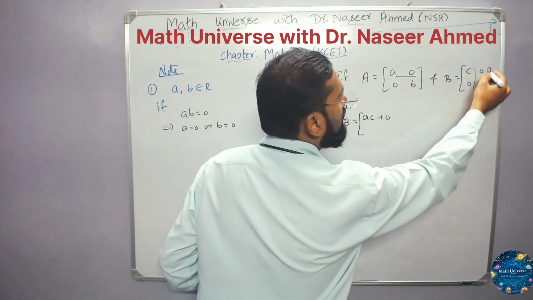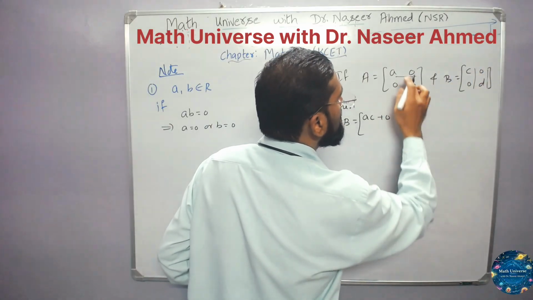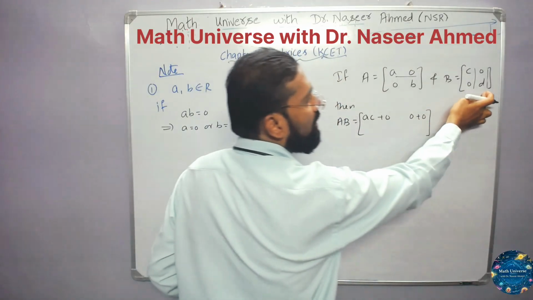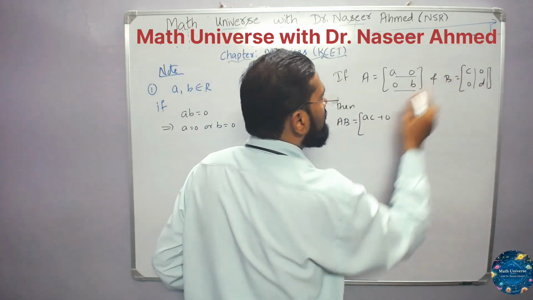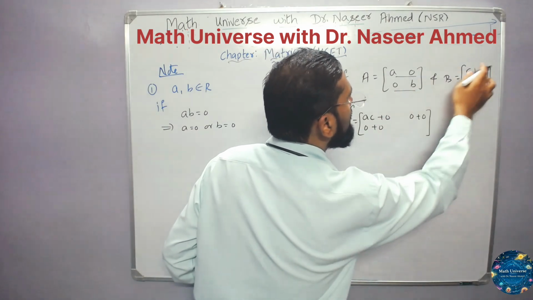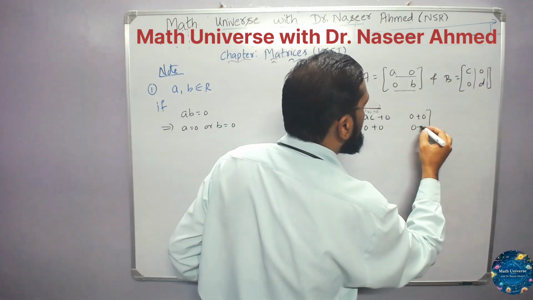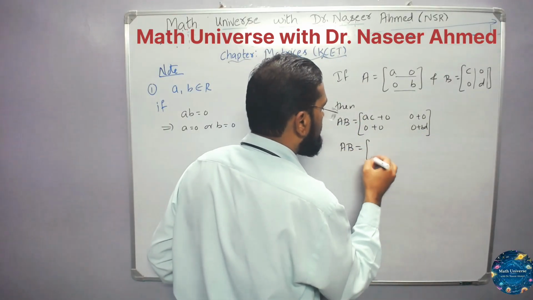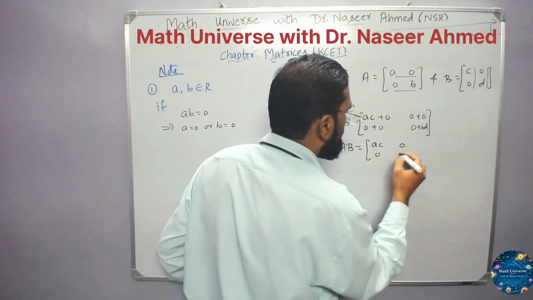Then second column, A into 0 is 0, 0 into D is 0. Next, closing the bracket because the column got over. Now coming to the second row, 0 into C is 0, B into 0 is 0. Next, second column, 0 into 0 is 0, B into D is BD. So A into B, we have got AC, 0, 0, BD.